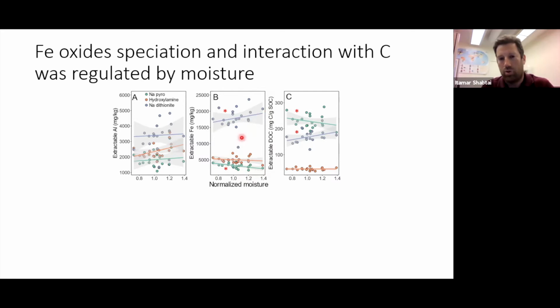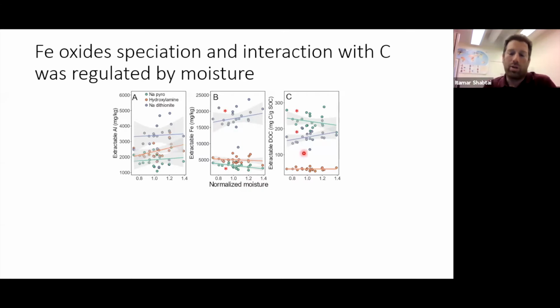And this has been reported in the literature, and the explanation is that wetter soils experience more events of reducing conditions in which iron is reduced, dissolved into solution, and then when soils re-dry again, some of that iron recrystallizes into a more crystalline and orderly type of phase. So this is explained by that.